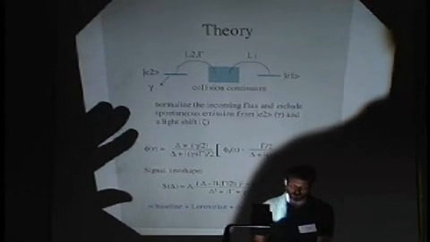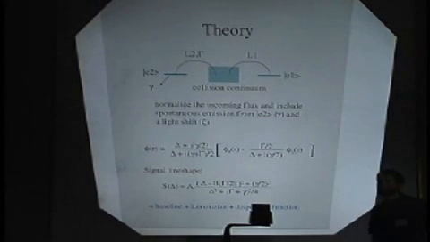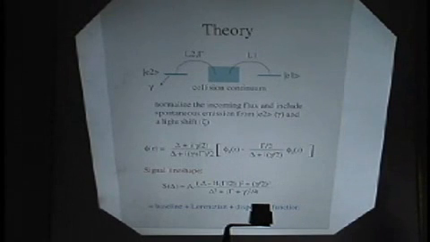And if we want to be theorists for a day, we take the formulas that are kind of standard or what appeared in the original Fedotchev paper, and we normalize the incoming flux and include spontaneous emission out of this state here.